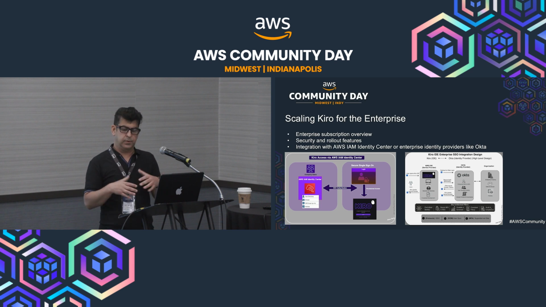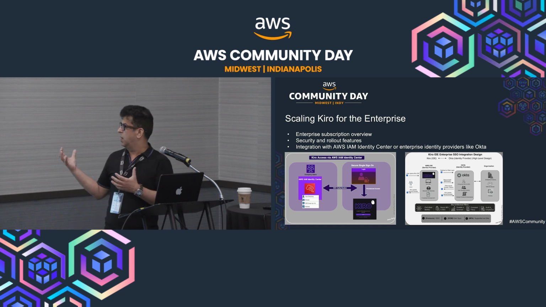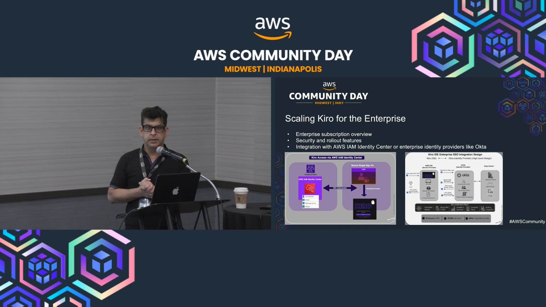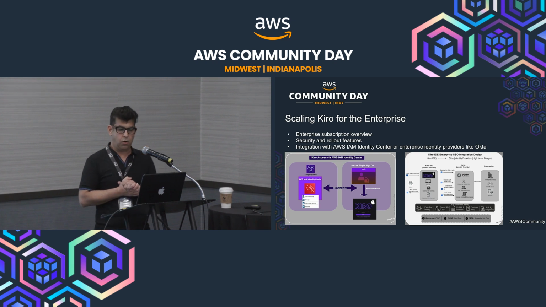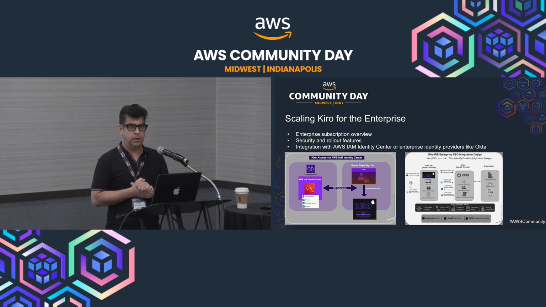This is a topic which requires its own session, but I wanted to call out that these are great examples of IAM Identity Center integration and Okta. Okta is a pretty popular identity provider. Most companies use it. So through the OpenID Connect standard, you can connect the sign-up process.